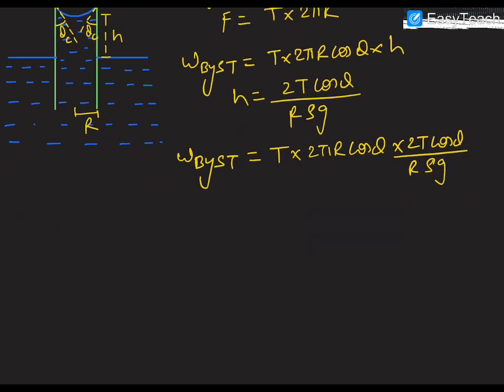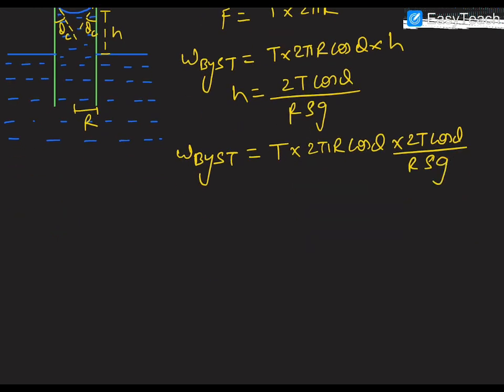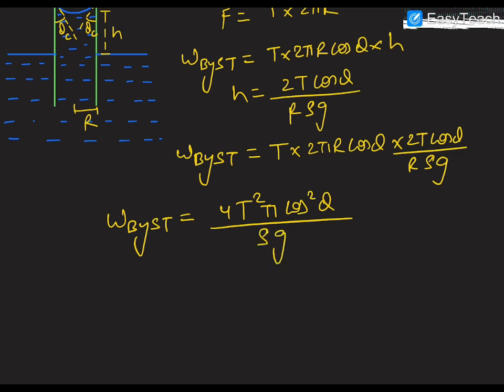Now the work done by surface tension will be 4T square pi cos square theta divided by rho g. You can see that this is the work done by surface tension.